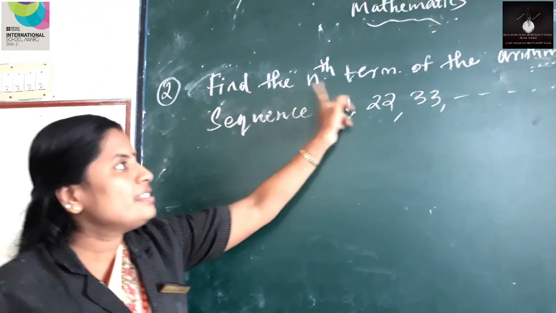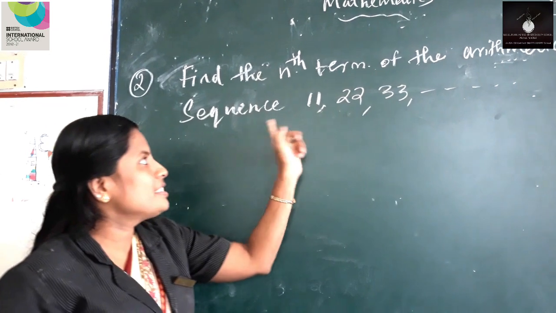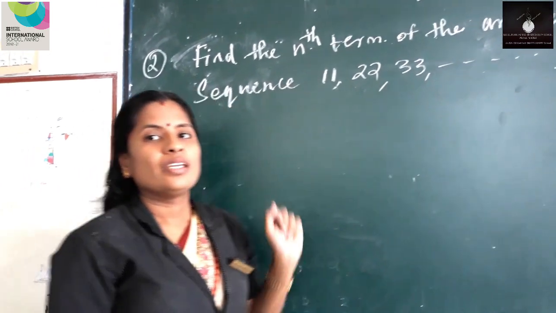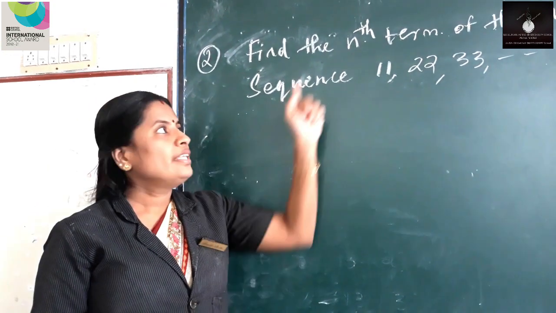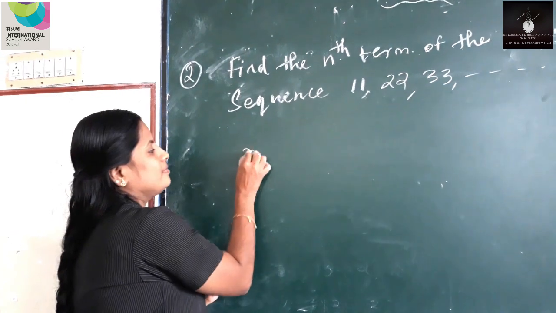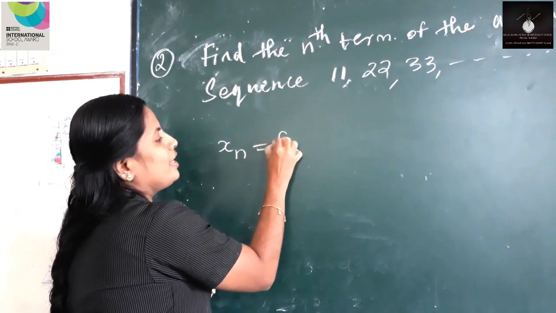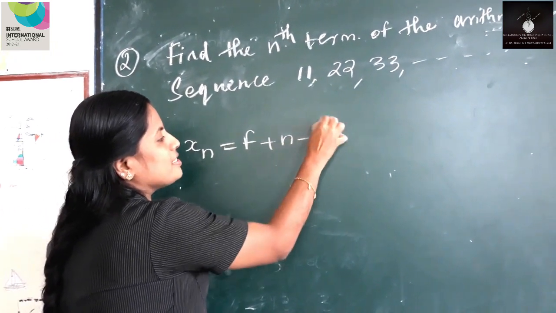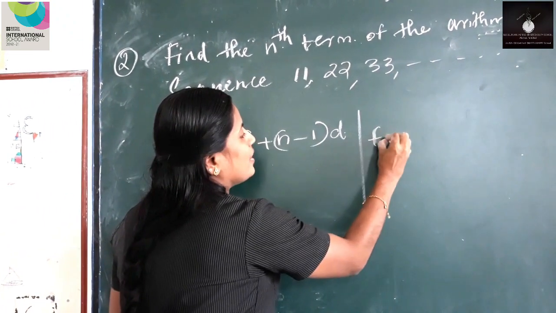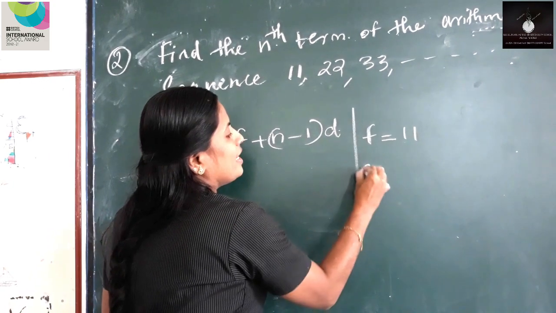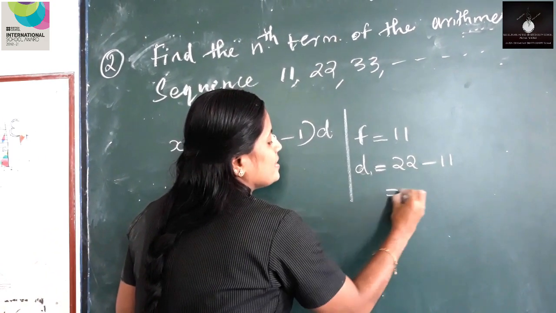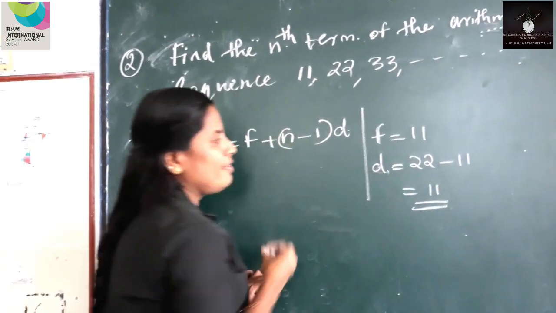Next, find the nth term of the arithmetic sequence 11, 22, 33 and so on. Here we have to find out the nth term. Nth term denoted as xn. xn equal to f plus n minus 1 into d. Here f equal to 11 and d equal to 22 minus 11, which is equal to 11.